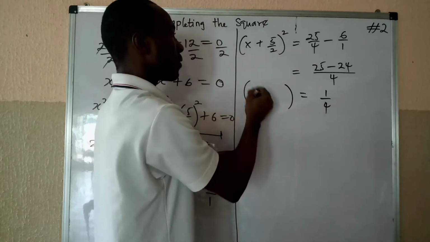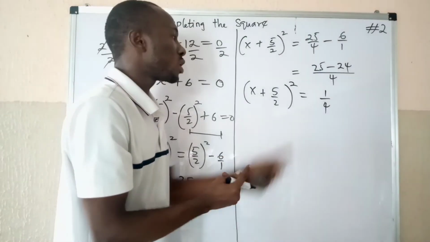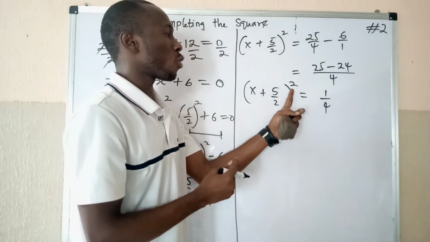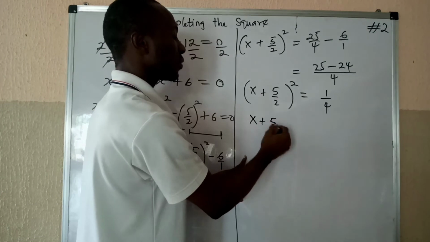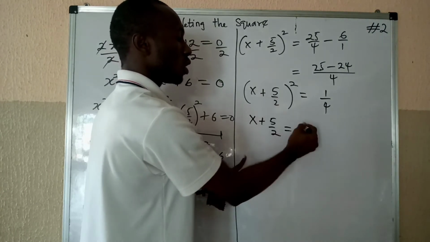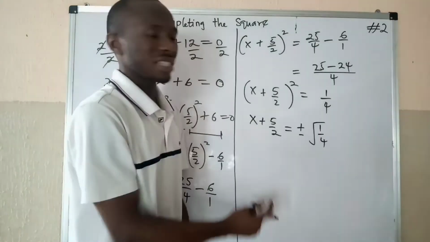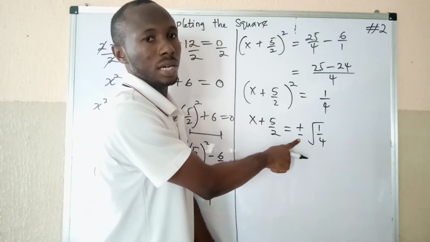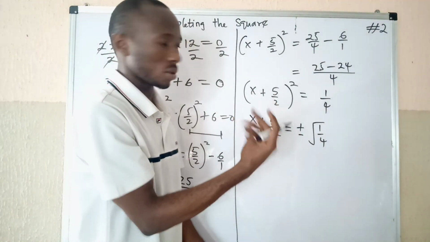But remember, we have x plus 5 over 2 squared. So to remove this square here, we square root both sides. So we have x plus 5 over 2 equal to plus or minus square root of 1 over 4. This is the ideal way, and we really need this because we are looking for 2 results.